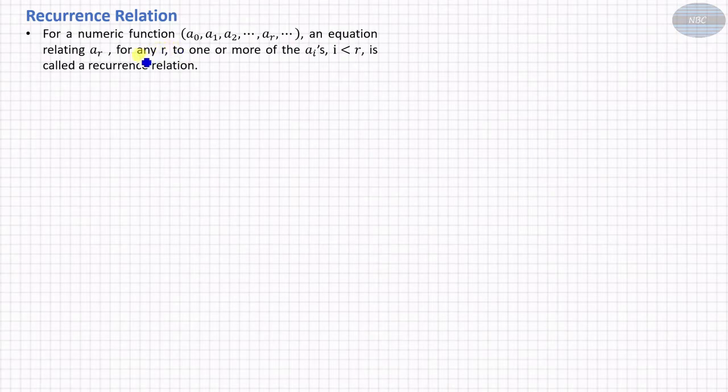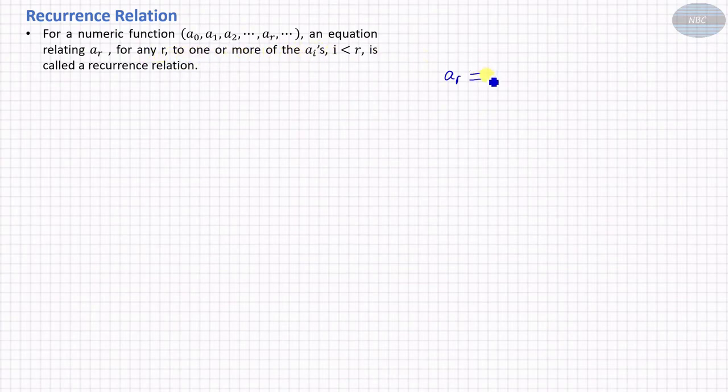So we have to write an equation that is related to this numeric function, and the equation can be written as ar is equal to one or more ai's.